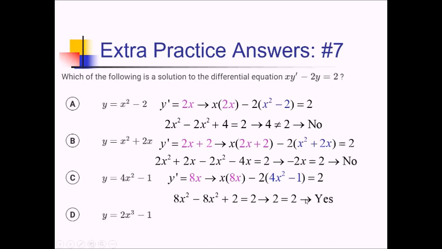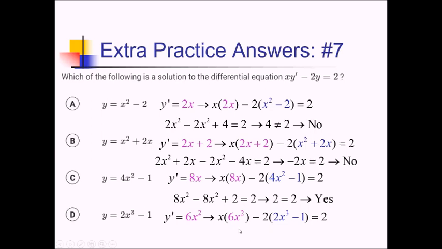This is going to be the answer we pick in a moment, but we've already come so far, so why not just test this last one just to really have peace of mind on this. So for this last one, y prime is going to be 6x squared. Plugging that in, we've got x times 6x squared minus 2 times the original, which is 2x cubed minus 1, equals 2.